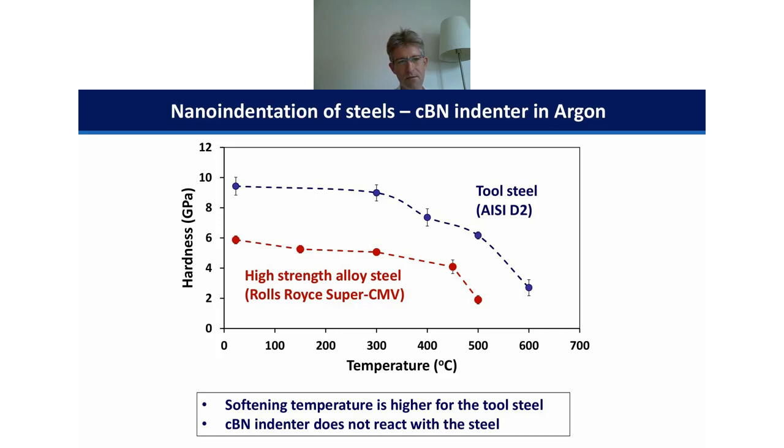If you compare at 500 degrees, for example, you can see that the high strength alloy steel has dropped about 2/3 of its hardness, whereas the tool steel has only dropped about 35% of its hardness. So this is, again, very useful information. And this could all be done without the same indenter wear problem that you would have had if you did this with diamond.